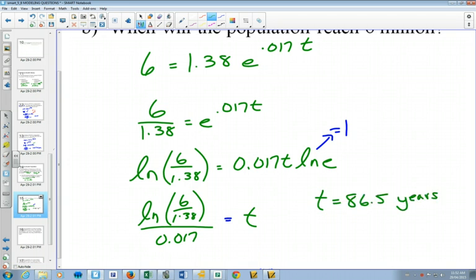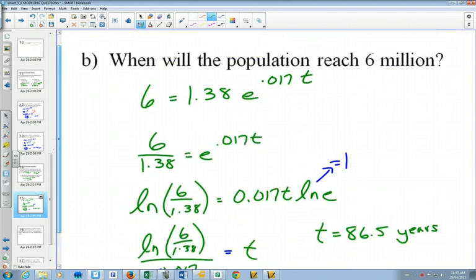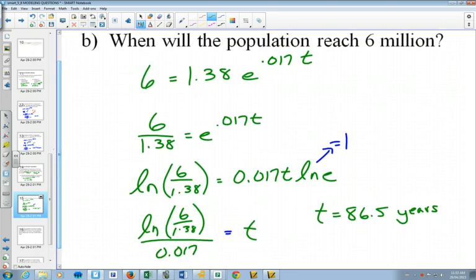Now let's look back at the question. What did it ask us? Did it ask us when? So in 1981, it was 1.38. Does this mean in the year 86? It means 86 and a half years after 1981.